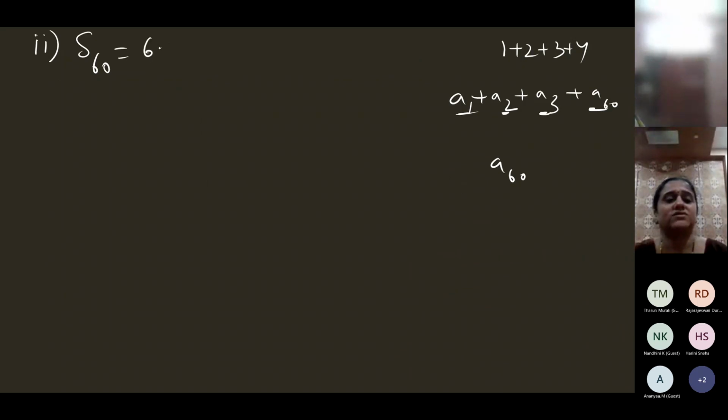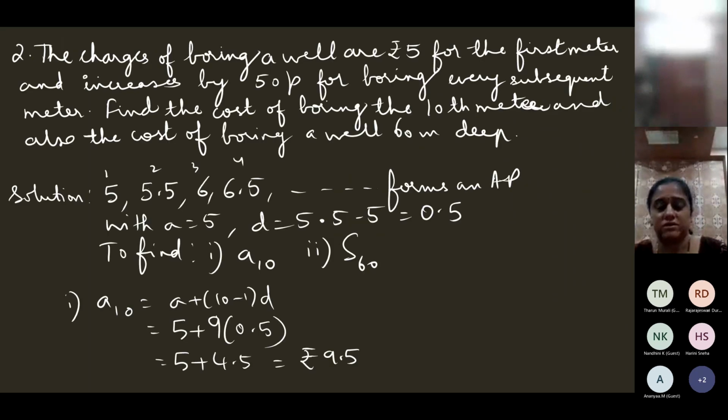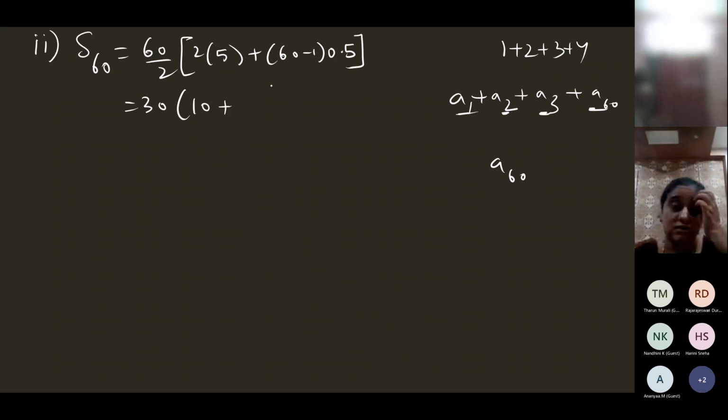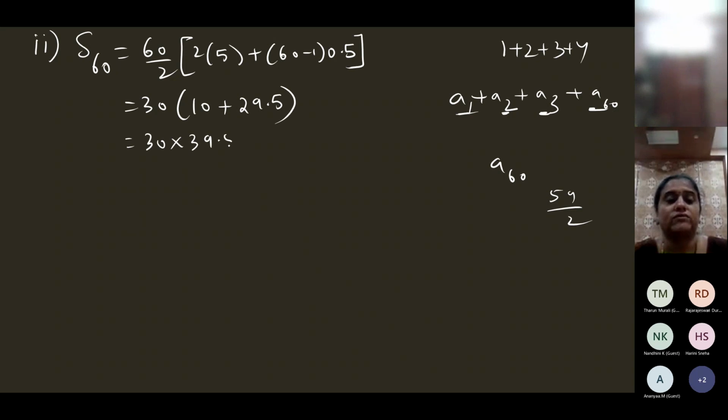S60 is 60 by 2 of 2A plus 60 minus 1 into D. 30 into 10 plus, what's this? 59. What's half of 59? 29.5. 30 into 39.5.